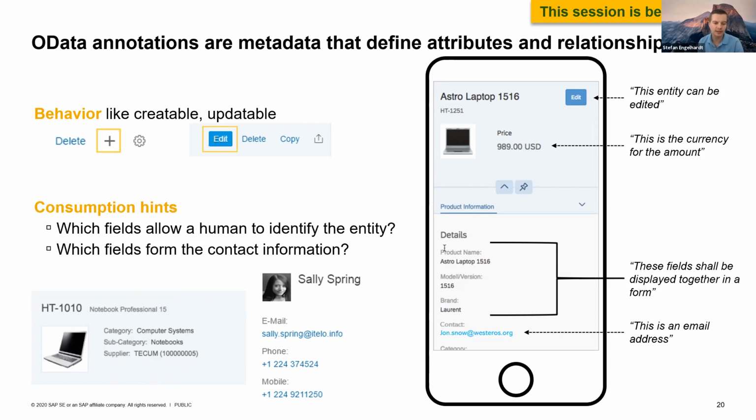You will also see in the demo in a minute how this will look. Eventually this format is just OData, and the annotations are just XML, and I will also show this later. So this can be exposed by every backend.